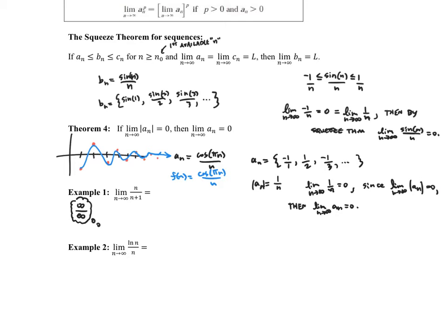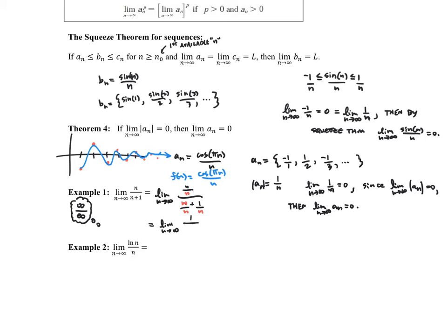What we could do is take the limit as n approaches infinity and divide everything by the highest powered term in the denominator, which in this case would be this n. So I divide everything by n, which would allow me to do a direct substitution after I simplify.